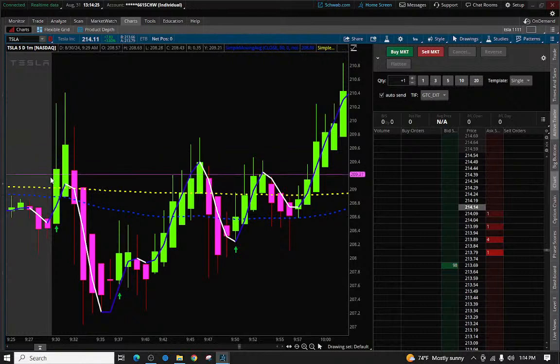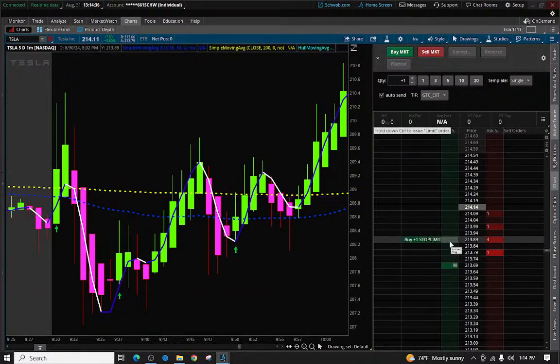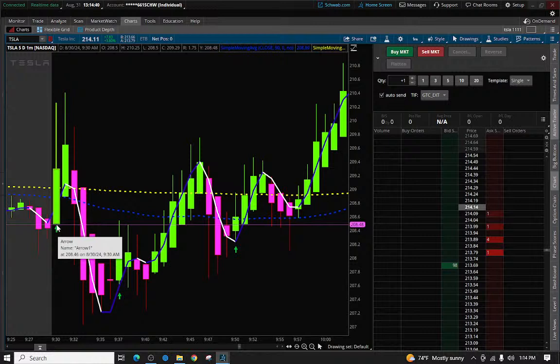You should be filling at 208.90 at a minimum if you're using this price ladder. You had the buy signal right here at 208.50. Even if you're at 208.80, you've already lost 30 cents of your potential profit.